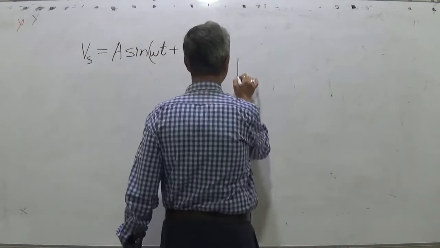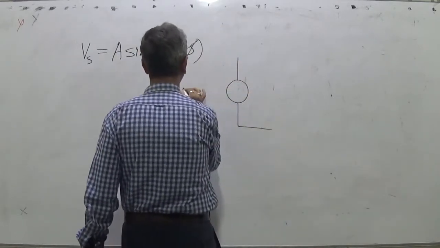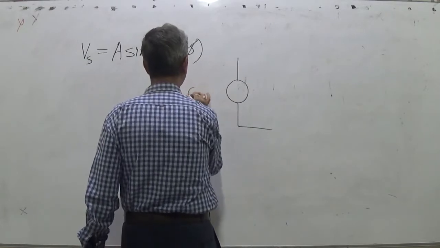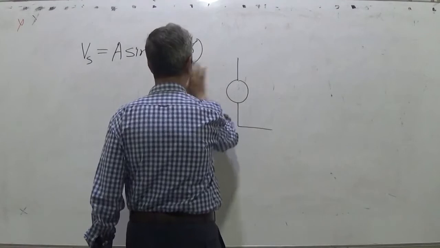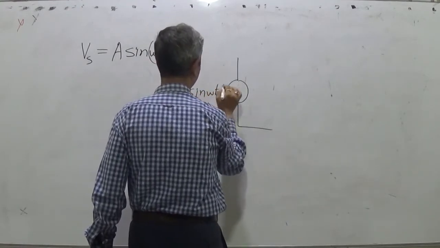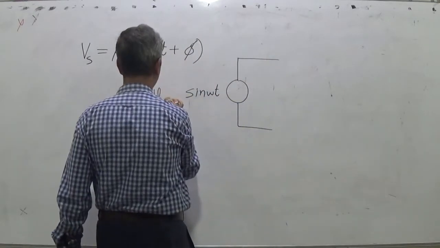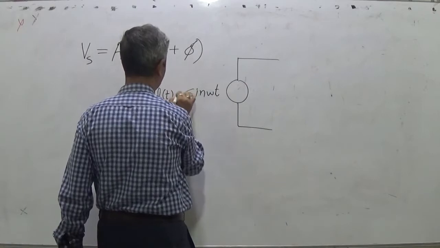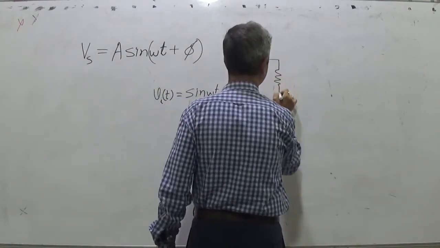So I apply a very simple input. Input is cos omega t, or we can say sin omega t. Input V in of t that I apply is sin omega t, and I have one resistor.